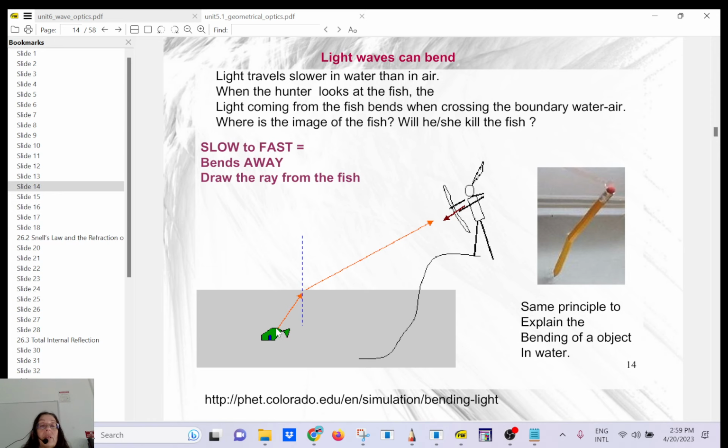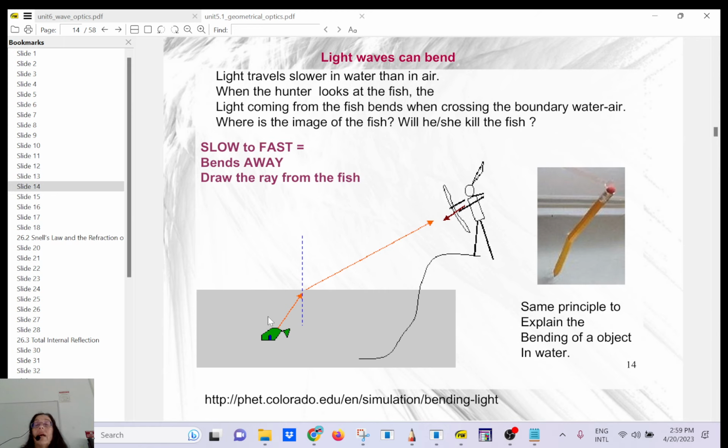But look at the light coming from the fish here. It's going to be refracted. It goes from slow to fast. From your point of view, because your eyes and your brain didn't take physics 2054, your brain thinks that the light follows a straight line, so you're going to miss the fish because you're going to see a virtual fish here.